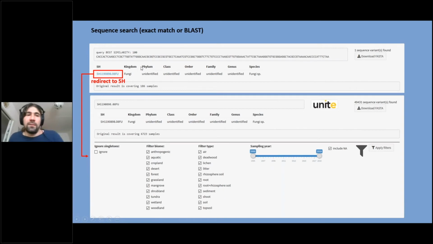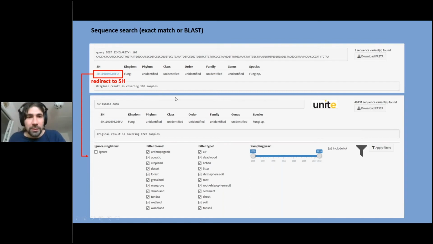But this unidentified fungi has an SH number, and as I mentioned, there is this UNITE project which is trying to classify all known fungi, and this SH number corresponds to some molecular taxon, which should be something like a species, but it's also provided for fungi which have never been collected as a fruiting body.